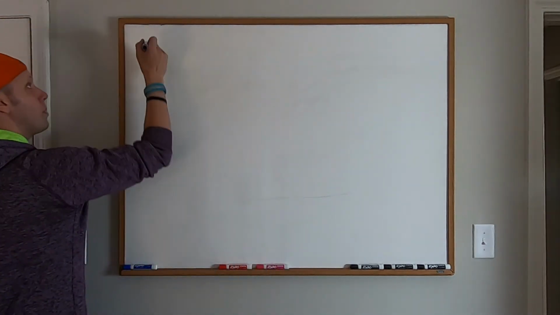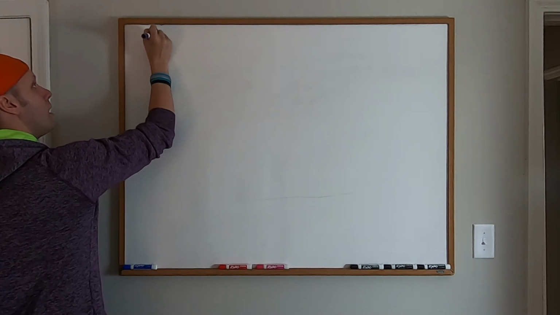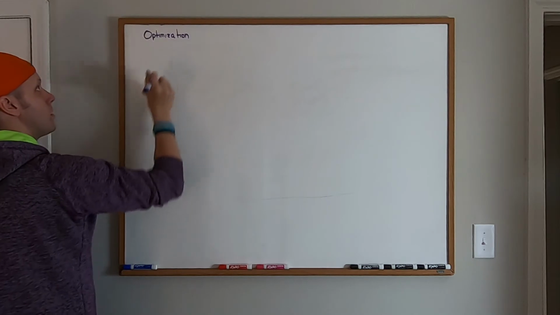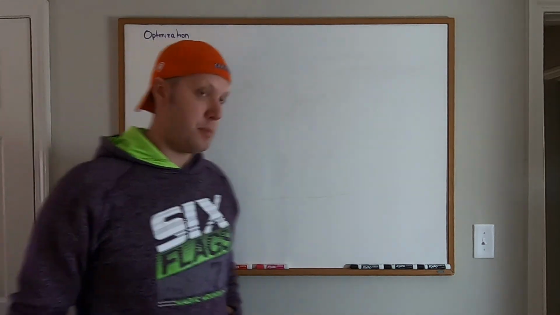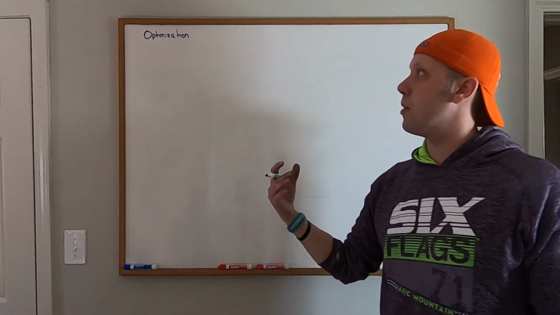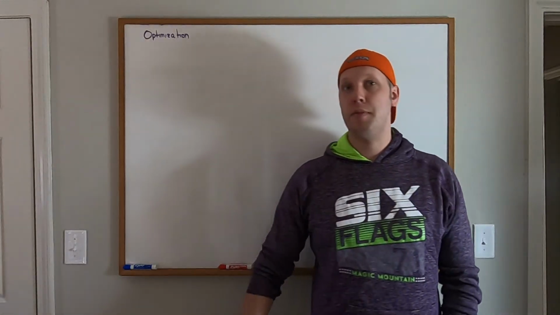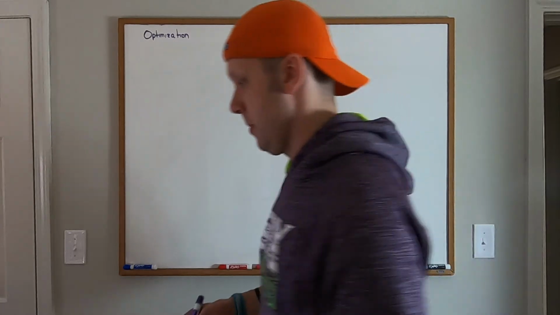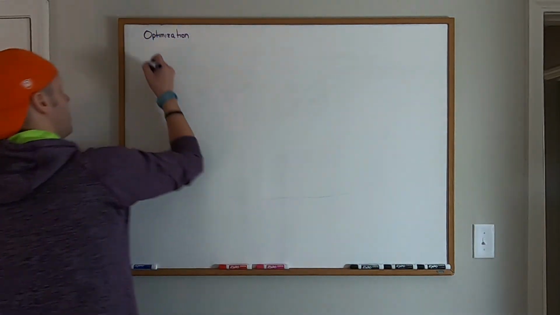Meaning, what we are going to be concerned about is optimization. Right? When we are optimizing our particular function, we are trying to find the maximum or the minimum of that function. We are optimizing.